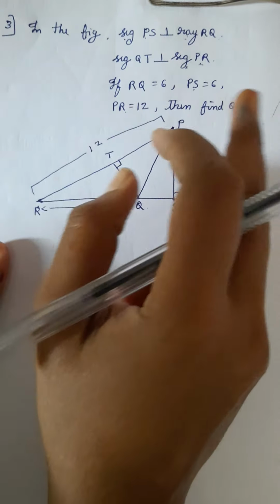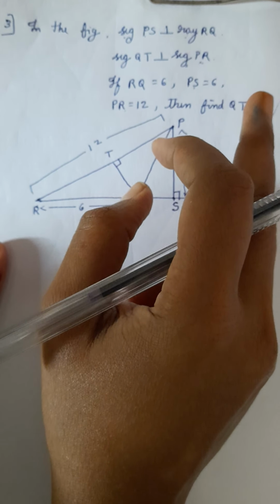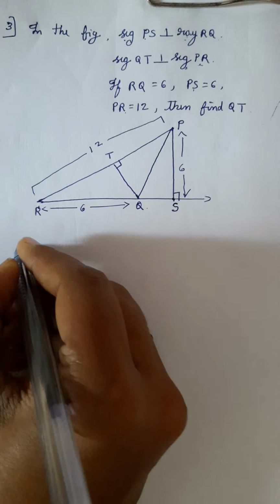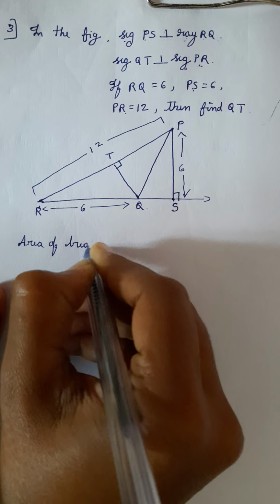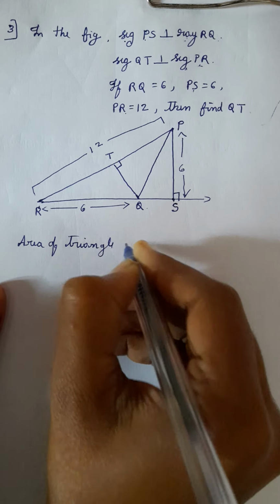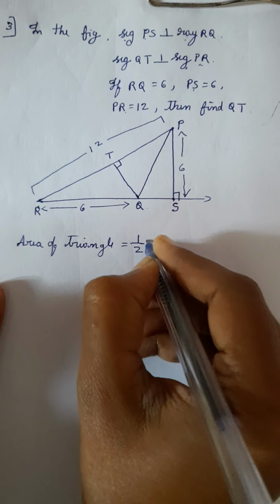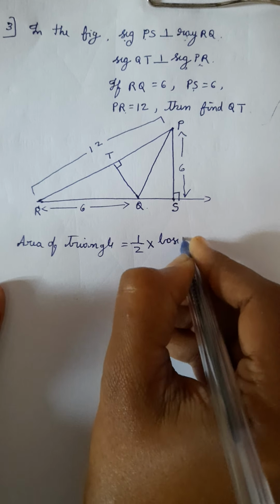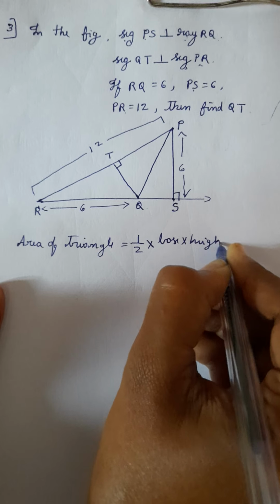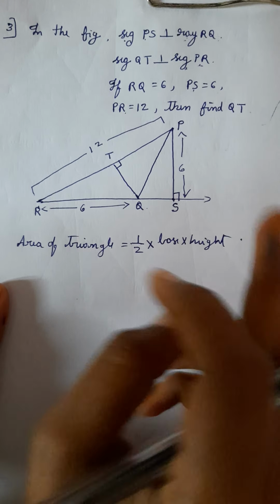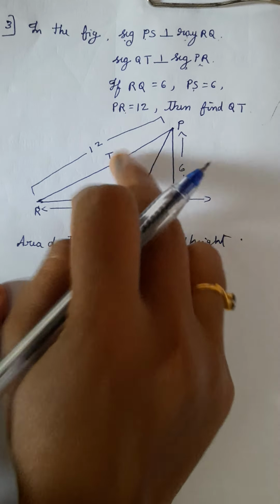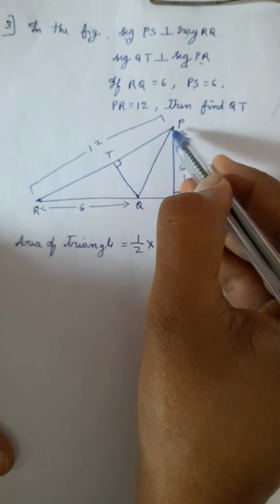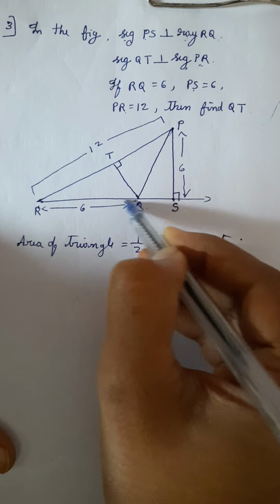values are given and the perpendicular distance is also given. Here first I will take the formula for area of triangle. Area of triangle formula you all studied in 7th standard: half into base into height. So according to this formula, I will now apply the formula for triangle PQR in this figure. Now where is PQR?